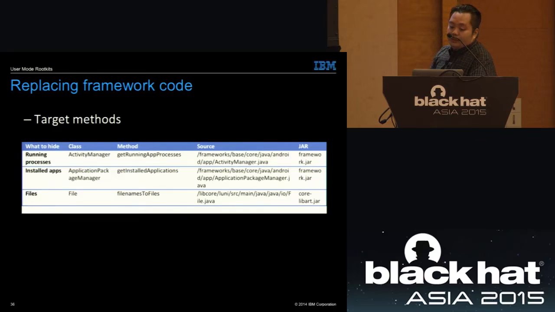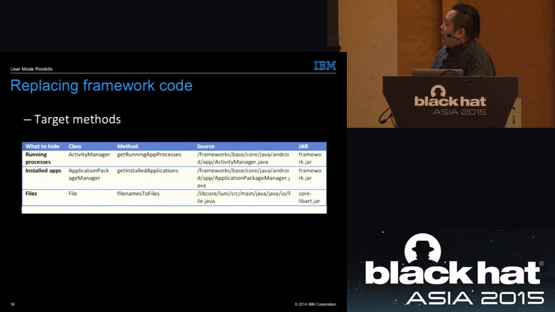The source code for this can be found in the AOSP under the frameworks/base/core folder, in the Java source file ActivityManager. When compiled, this will be inside the framework.jar file, which can be found on your device in /system/framework.